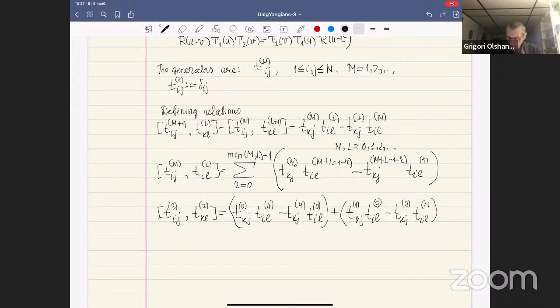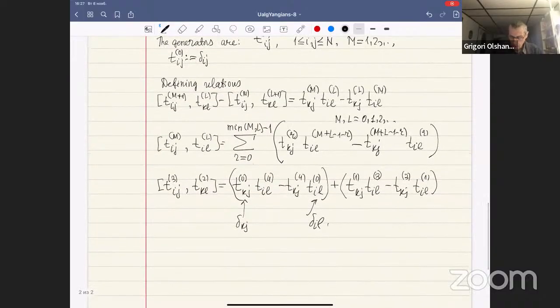And remark that these terms are Kronecker deltas.